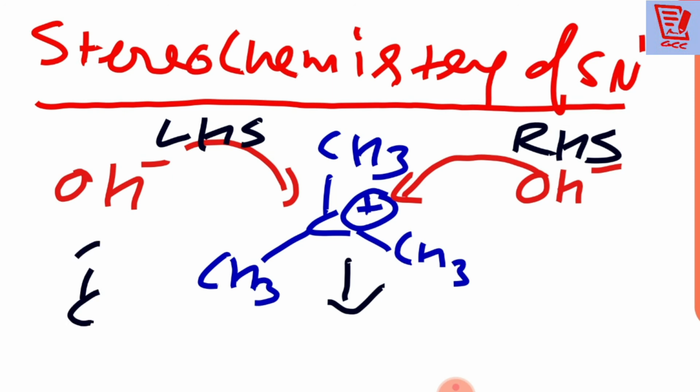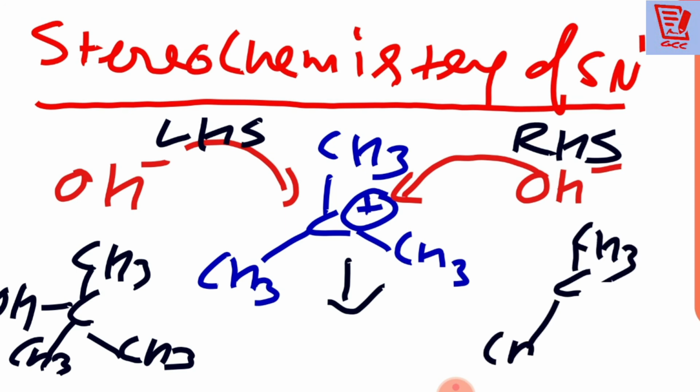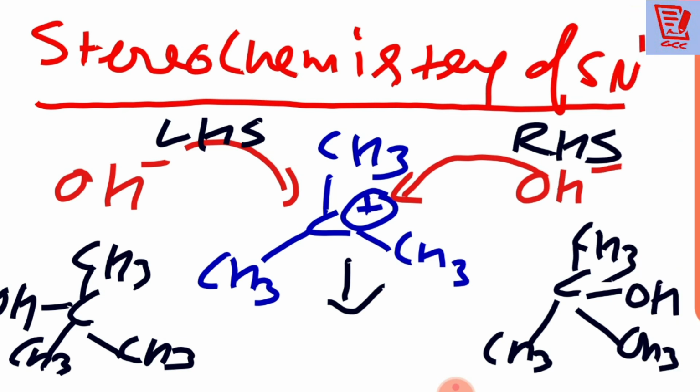You please see very carefully, CH3, CH3, CH3, and here it is OH, and this side the same way, CH3, CH3, CH3, and here it is OH. Clear? You see here in this case, OH is on which side? Left hand side, and here OH is on right hand side.